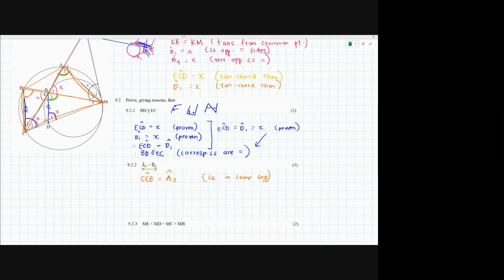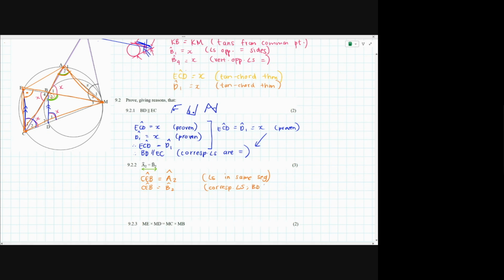is parallel to BD. This angle CEB and B2 are corresponding angles because of those parallel lines. If you didn't have the parallel lines, then yes, you would have to prove similarity, but we do have the parallel lines. So we can say angle CEB is equal to B2, corresponding angles. And this goes back to what Layla said. You could assume that the lines are parallel even if you couldn't prove it.